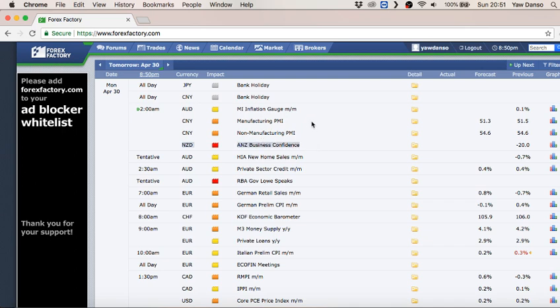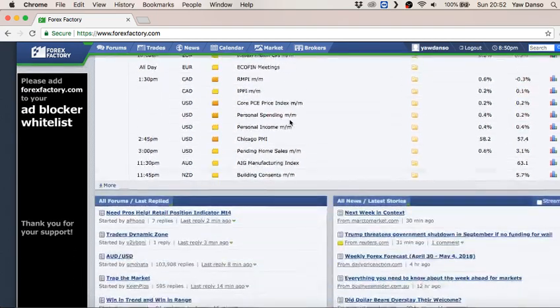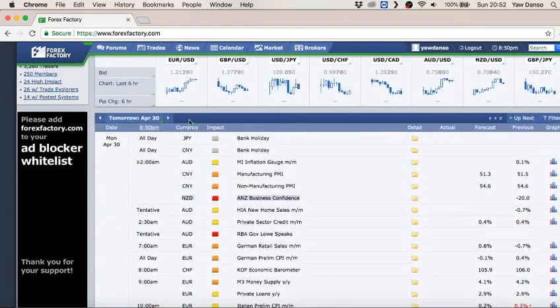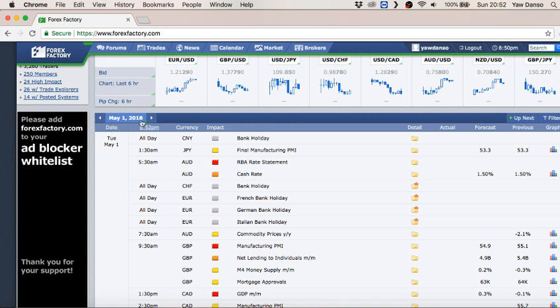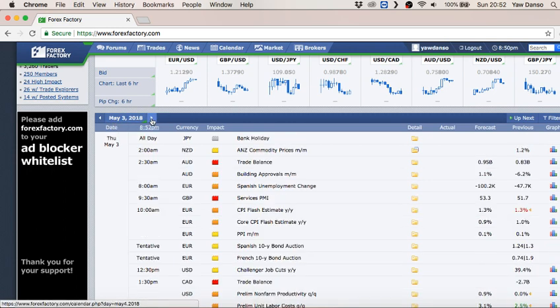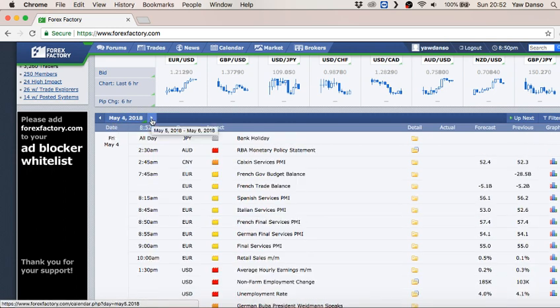So this website, let me tell you about this website. This website is where all the news about every country that's on the forex market comes. They'll put it here. So we have Monday to Friday. Every day there's different news. So you come to this website, you check what news is about to impact the pair that you trade.